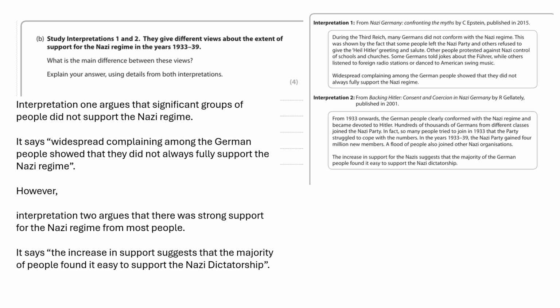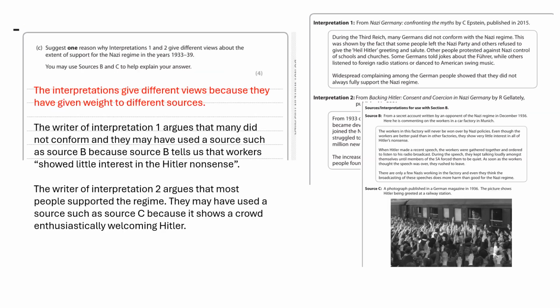So if you write interpretation 1 argues, summarize it, bring in a quote. However, interpretation 2 argues, summarize it, bring in a quote. That's going to get you 4 out of 4. If you don't put the quotes in, you only get 2 out of 4, which is a shame because you would have done the hard thinking anyway. So make sure tomorrow that you put your quotes in to get those extra 2 marks.